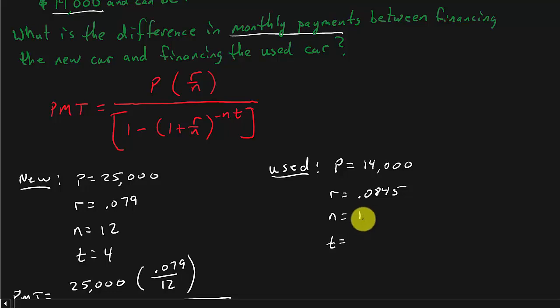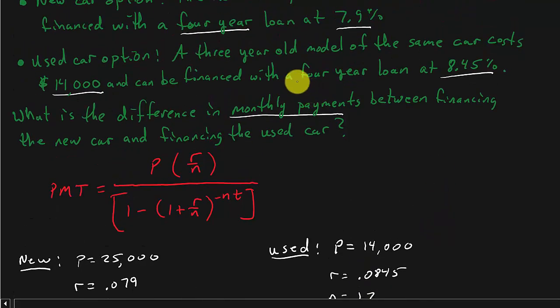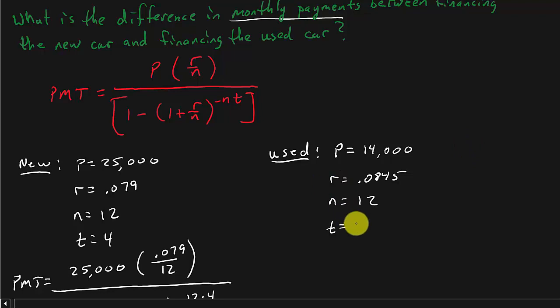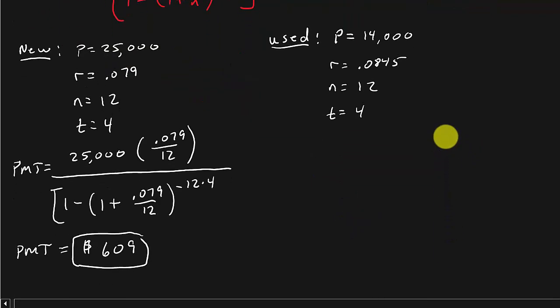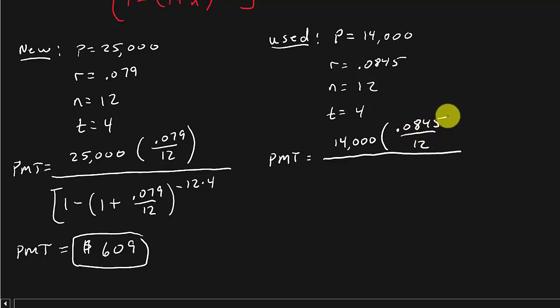It's still monthly payments, and it's still a 4-year loan. So we just plug all this in: our payment is equal to 14,000 times R over N, 0.0845 over 12, times 1 minus 1 plus R over 12 to the negative N times T.